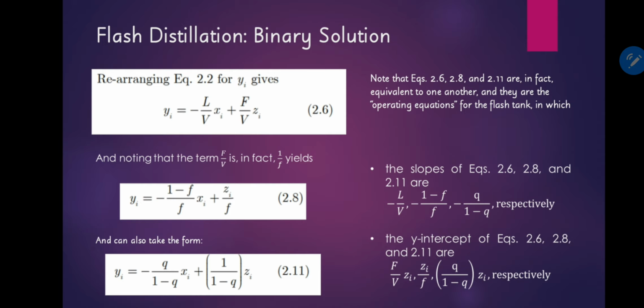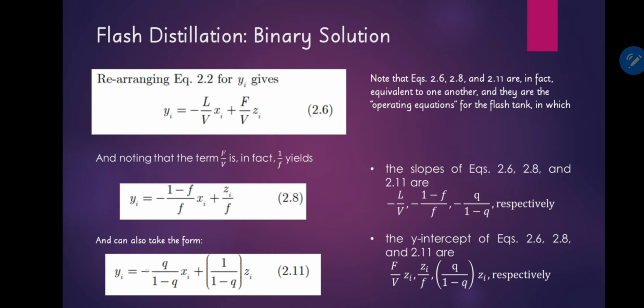So, see the note here. Note that equations 2.6, 2.8, and 2.11 are in fact equivalent to one another, and they are the operating equations for the flash tank. In which, given 2.6, the slope is negative L over V. For equation 2.8, that's negative quantity 1 minus f over f.